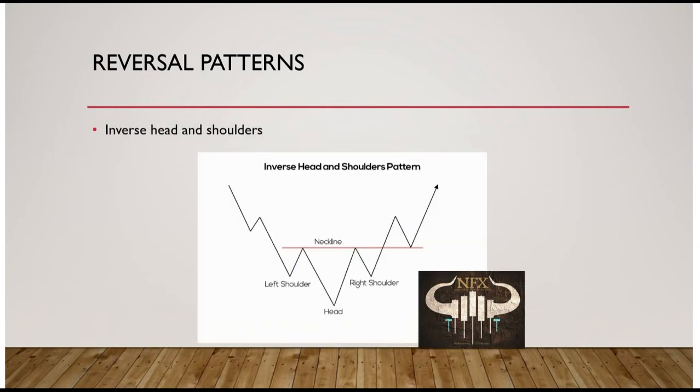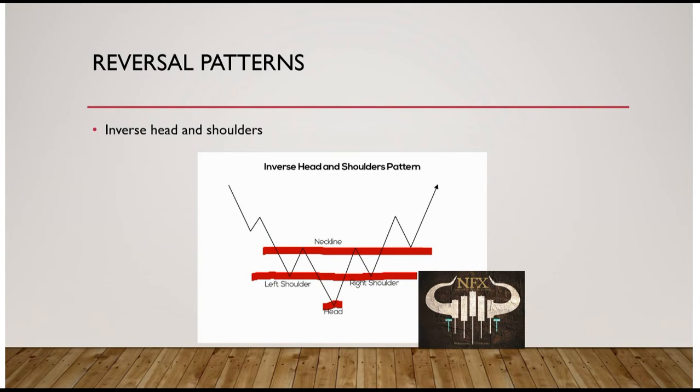So it's the same thing. With the inverse head and shoulders, you're just going to be having a bearish trend, and then you'll have your left shoulder hitting a specific support, bouncing off it, hitting our neckline, coming back and making a lower low and forming our head, coming back and retesting the neckline, and hitting our support where the left shoulder bounced off.